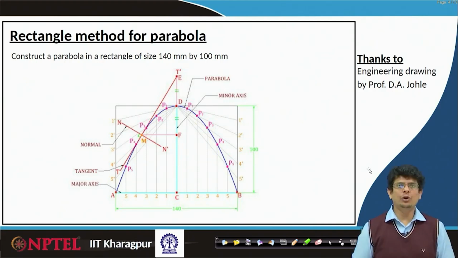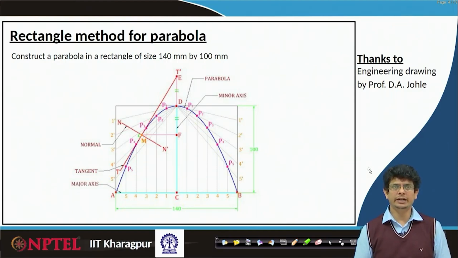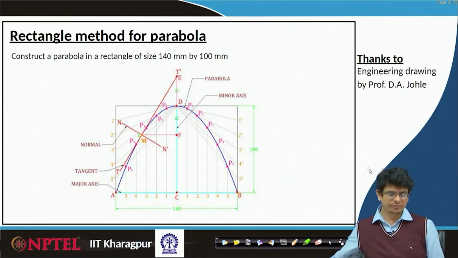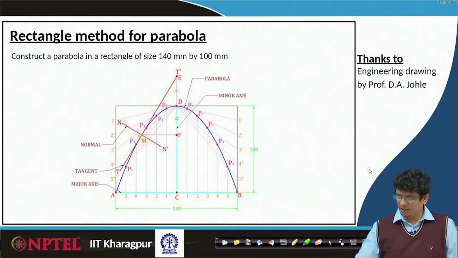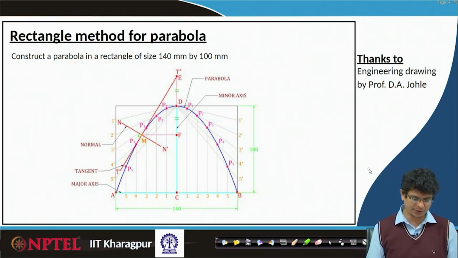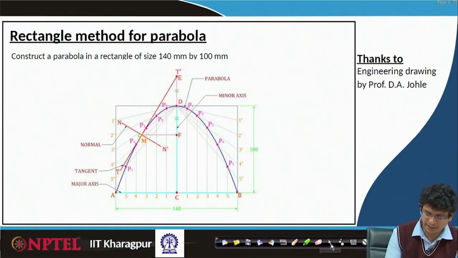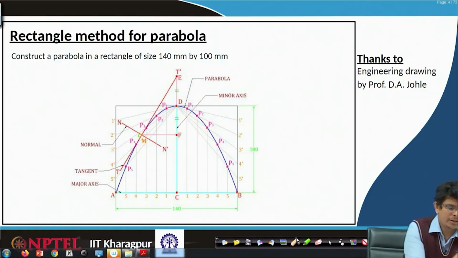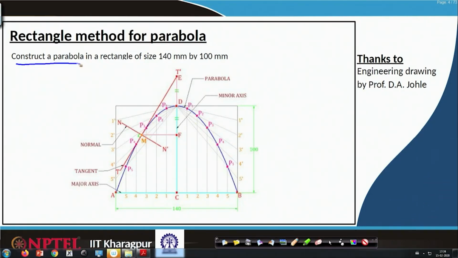Now we will go on to construct a second method, which is based on the rectangle method for parabola construction. In this rectangle method, which we have learned for the ellipse, a similar strategy we will use. A parabola has to be constructed with a rectangle size of 140 mm by 100 mm.